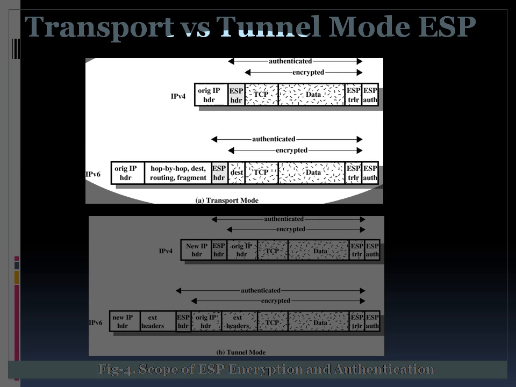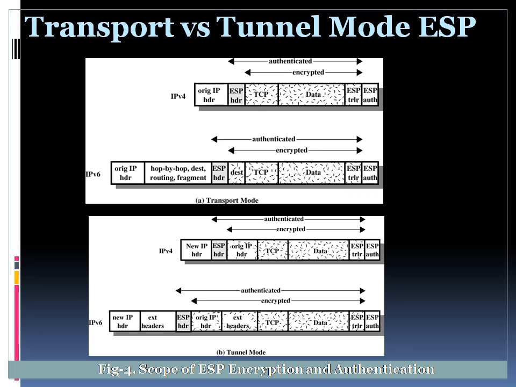Next, the transport mode operation may be summarized as follows. At the source, the block of data consisting of the ESP trailer plus the entire transport layer segment is encrypted and the plain text of this block is replaced with its ciphertext to form the IP packet for transmission. Authentication is added only if this option is selected.